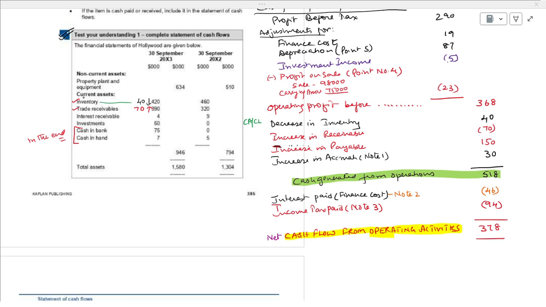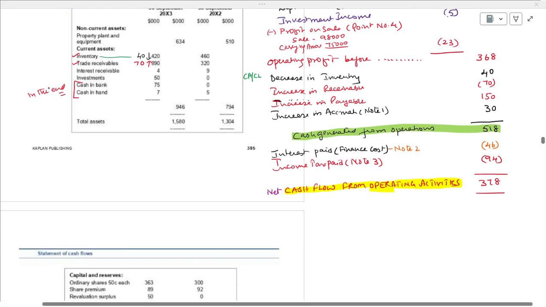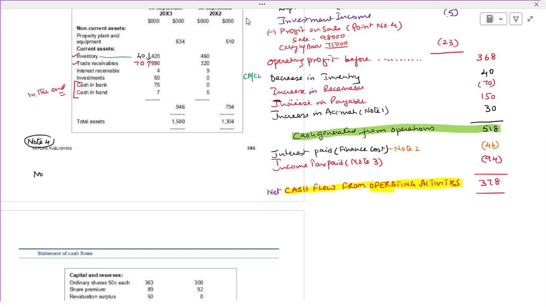Property, plant and equipment, 510. Opening balance is 510. I am writing here, note 4. See, it is an asset.